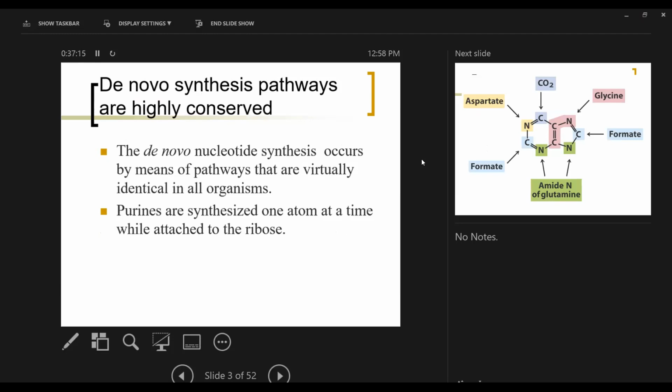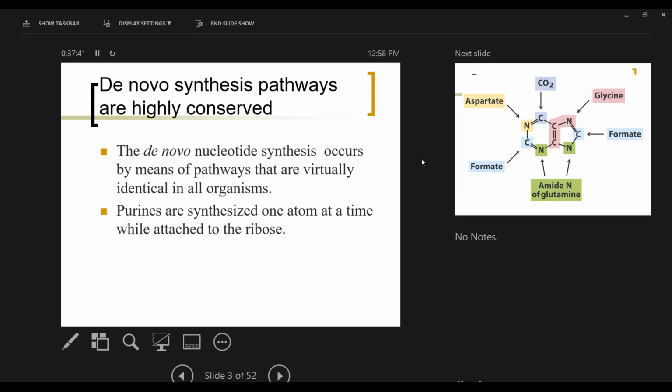This pathway is virtually identical in all organisms. It is a highly conserved pathway. And even though there are a couple of differences in some organisms, the way you make purines is virtually the same from bacteria to people.